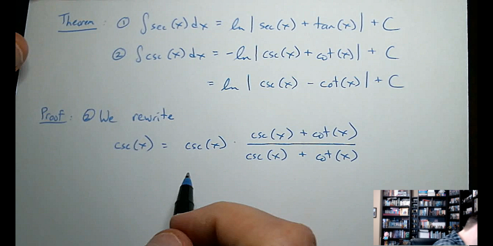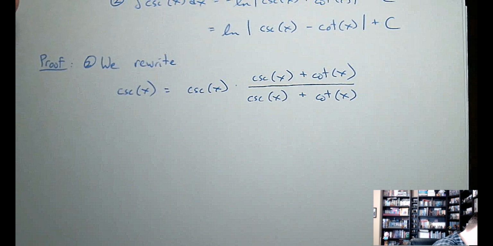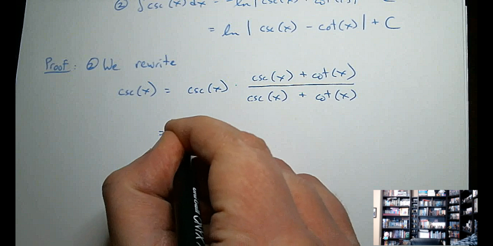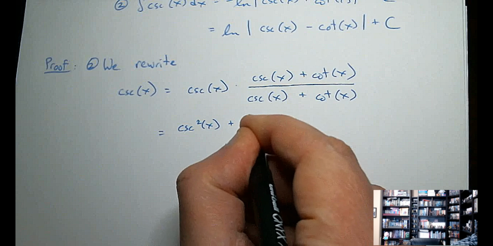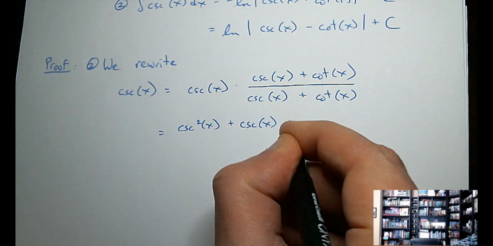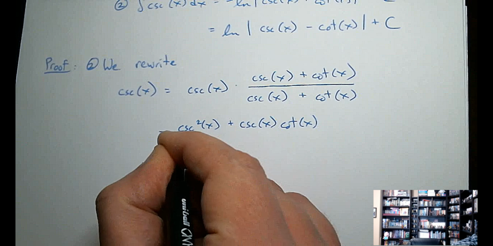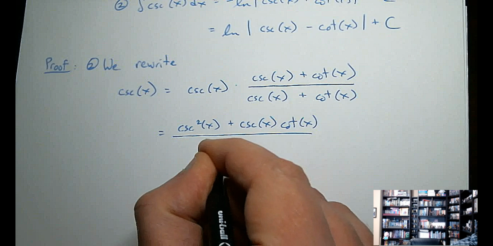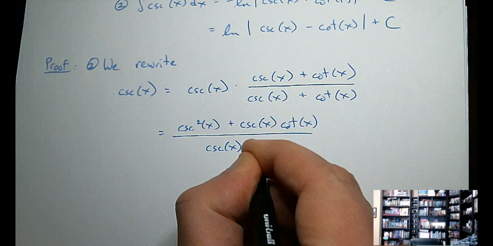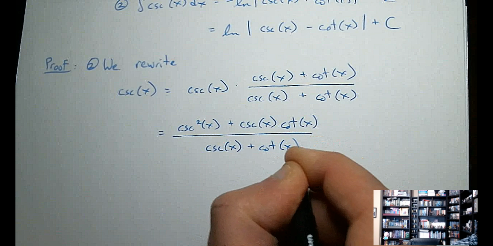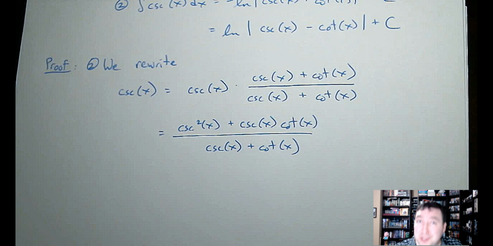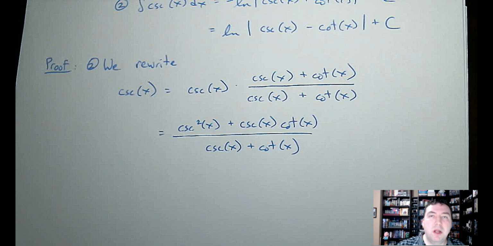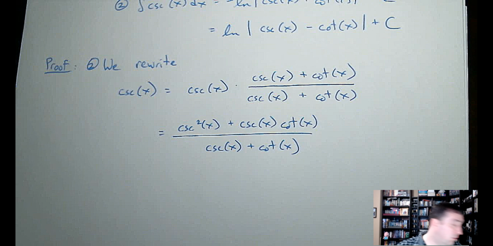All right, so then in the numerator, that's going to give us cosecant squared plus cosecant x cotangent x. And then the denominator stays cosecant x plus cotan x. Now, that seems to make it so much worse. But in fact, that's the step we need in order to be able to use u-substitution.